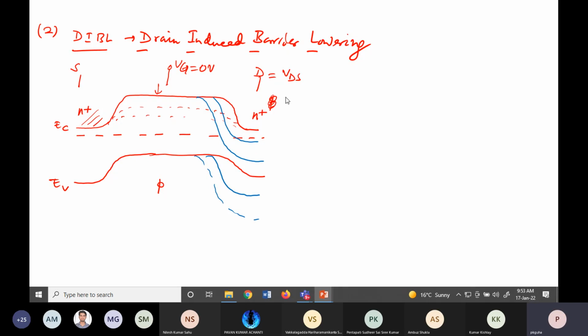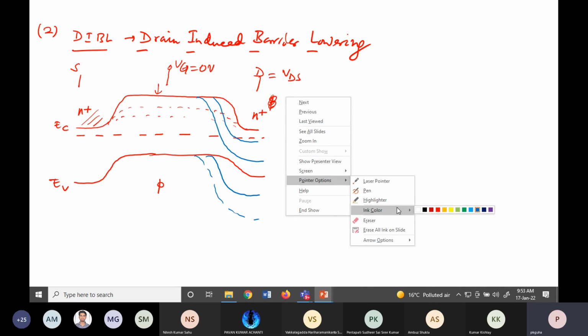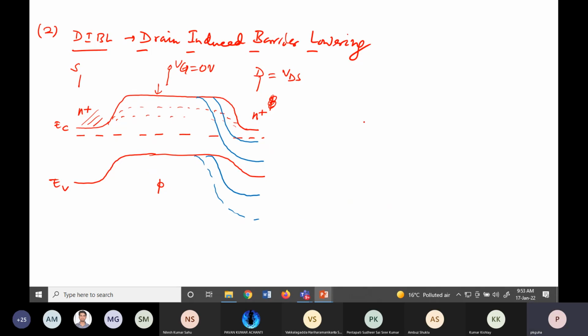Now, I'm talking about a long channel. But now if it is a short channel MOSFET, okay, source and drain are very close. So let me draw it again, right?